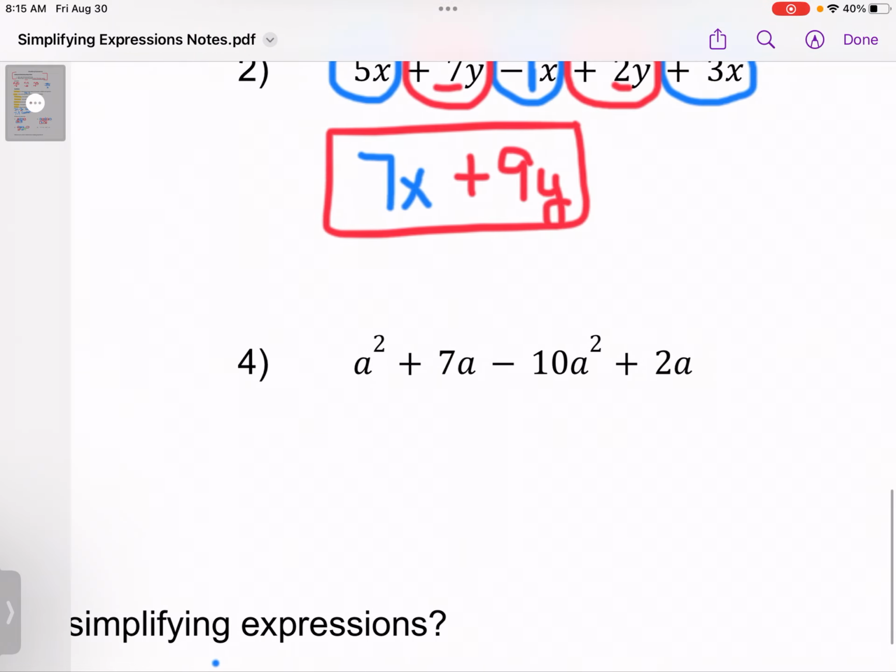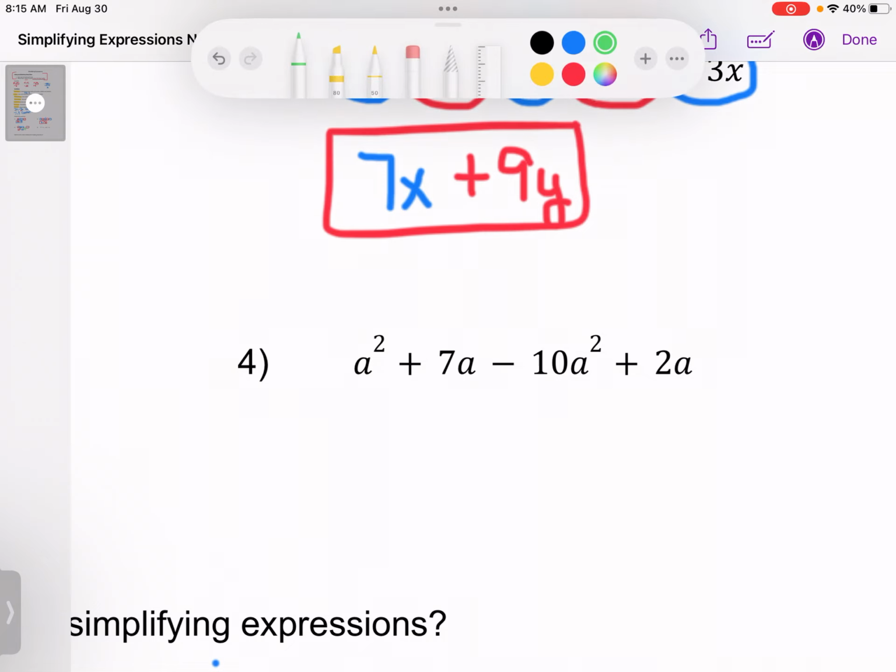Okay, for number 4, I want you to go ahead and see if you can do it yourself. And pause the video, and when you're ready, turn it back on and we'll check it. So we've got a squared, -10a squared.